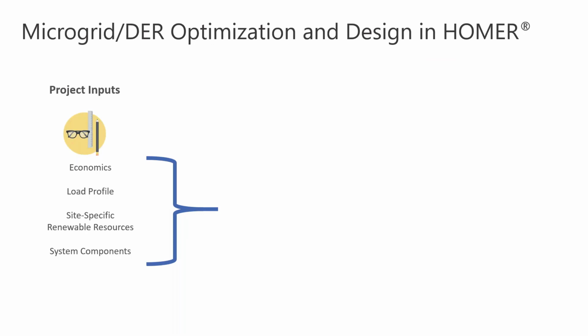So in the most basic sense, our software works like this: you define your inputs, and that is the on-site economics. How much energy do you need on-site, what components may you be considering, where's your location, and what are your solar or wind resources.